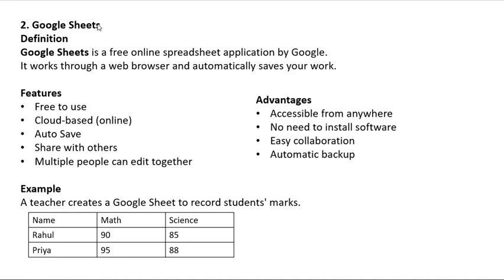Google Sheets is a free online spreadsheet application by Google, and it works through web browsers and automatically saves your work. Its features: free to use, cloud-based, online, auto-saved, shareable with others, and multiple people can edit together.